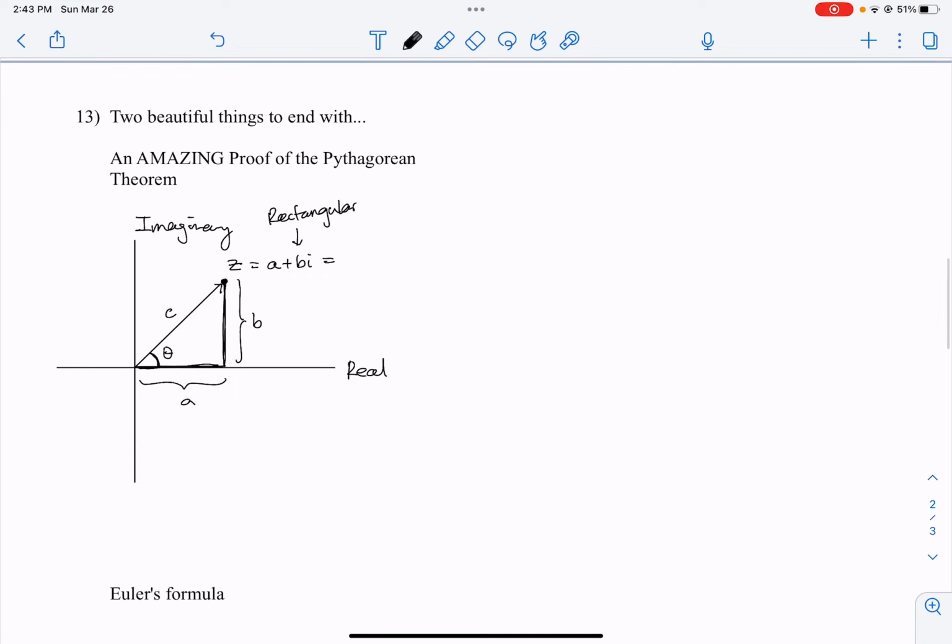Polar form is the magnitude of the complex number, or absolute value, so that's c. Sometimes it's called r, that's okay, times cosine of the angle plus i sine of the angle. This is called polar or trigonometric form. It doesn't really matter what you call it; I'm calling it c for the purposes of this proof.